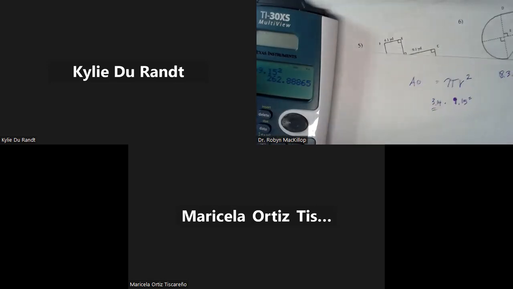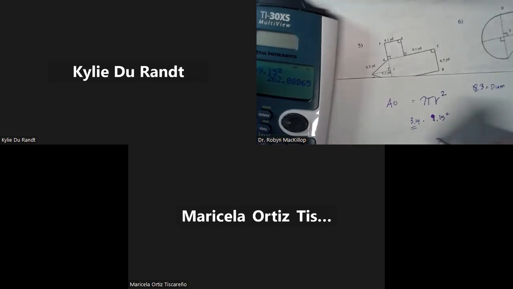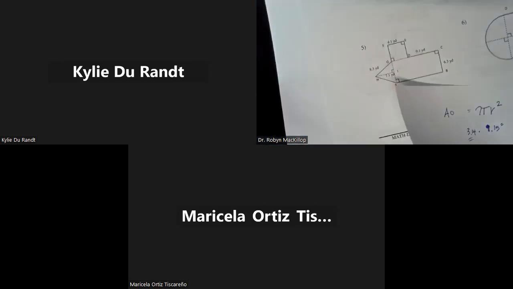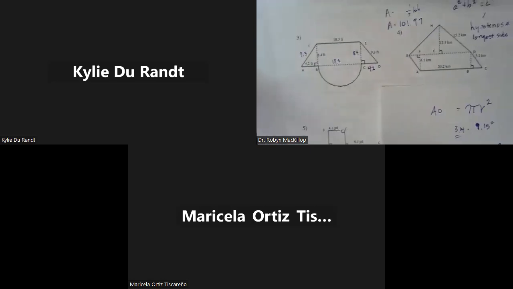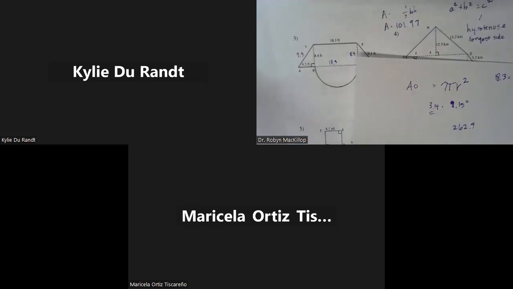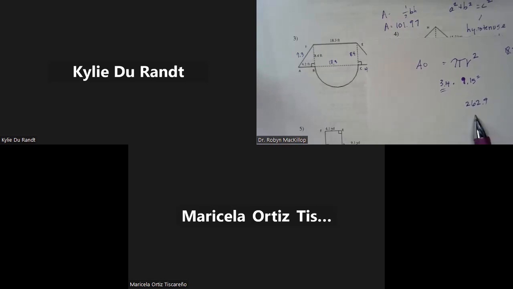So we're not done with that circle yet, though, are we? 262.9. We pull our circle back down. What do we need to do for the area to actually represent this half a circle?